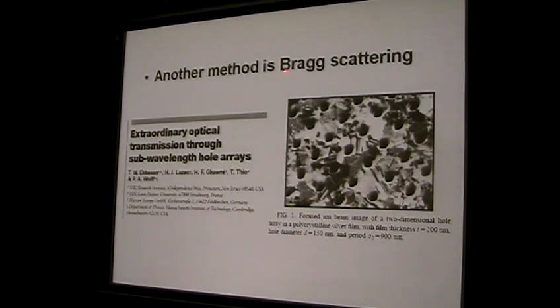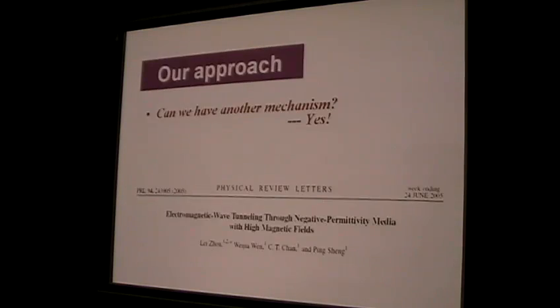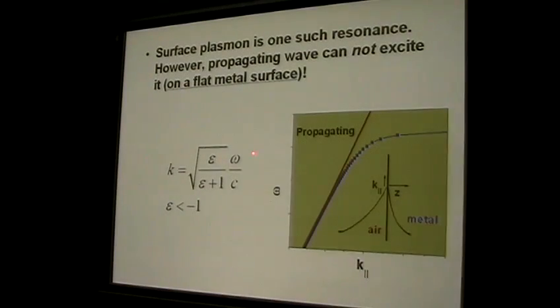Another method is that you can induce Bragg scattering to turn the otherwise unexcitable surface plasmon into an excitable surface plasmon. So let me go back to the surface plasmon dispersion. The problem now is you have too large a k vector.